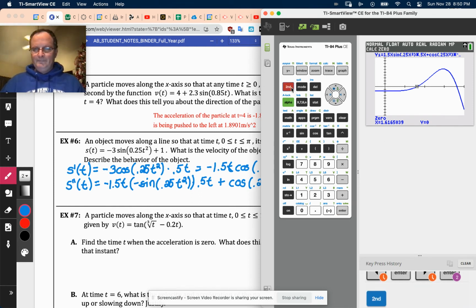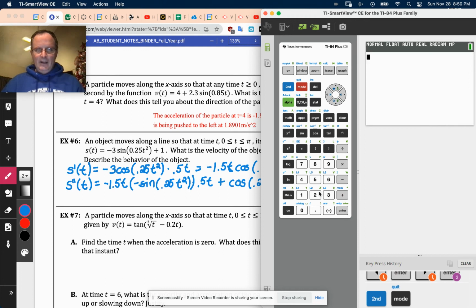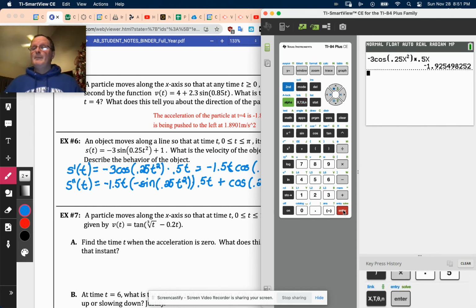So here's my velocity, negative 3 times the cosine of 0.25 x, because x is currently that stored value, squared. And then my little chain rule, don't forget it, so times 0.5 x. This is the velocity at that moment.